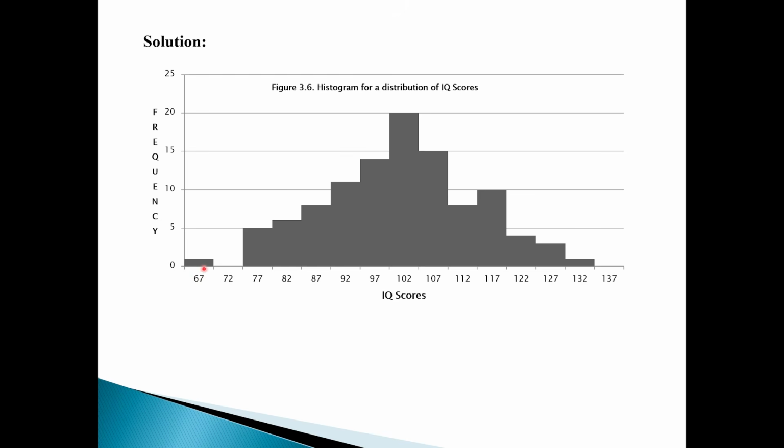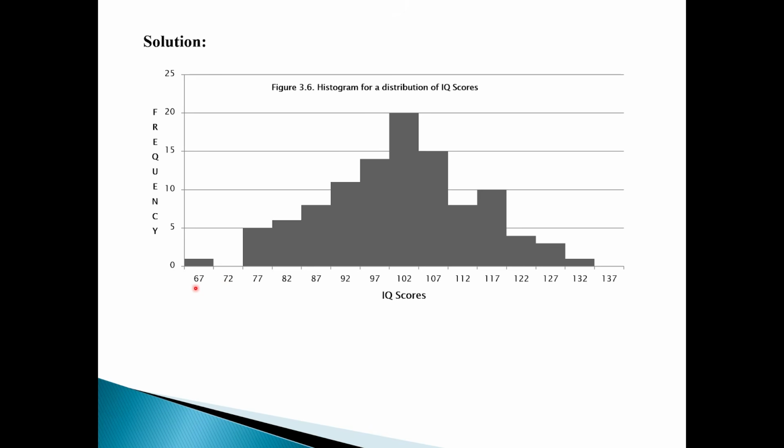If you look at the IQ scores, why is it that there's only one number here? This is actually your class mark. Instead of the class boundary, you should put your class mark.